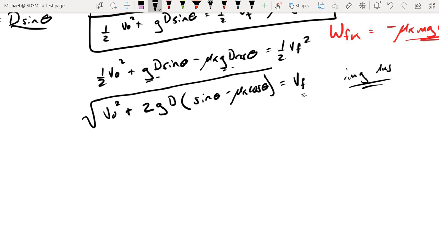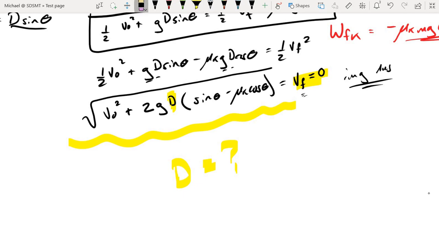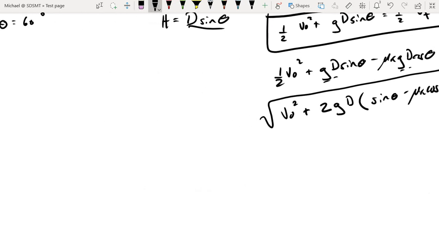Remember, this whole thing was set up to solve for v final, so if I forced that to equal 0, all I would have to do is update the equation for the displacement that would cause this to happen. And then I would just rearrange the whole expression to solve for big D, whatever that is. But we'll see what happens. This is the risk that I take in making up numbers for some of these example problems, but we'll just see what happens.